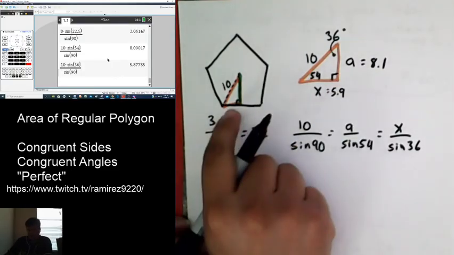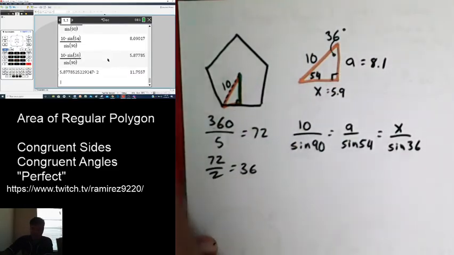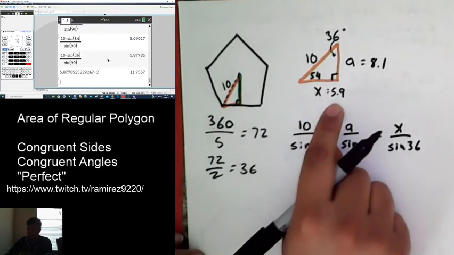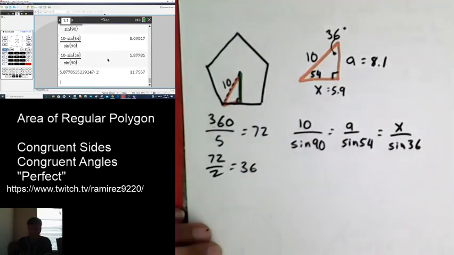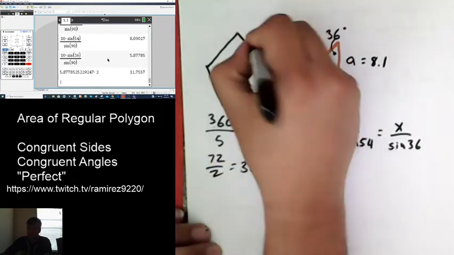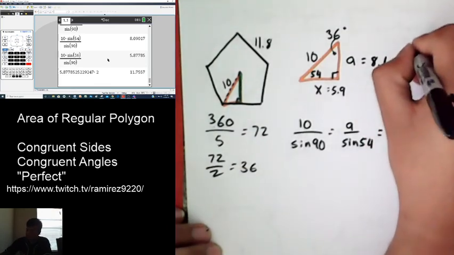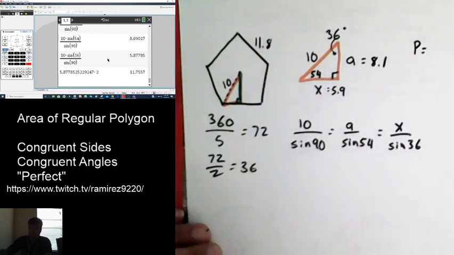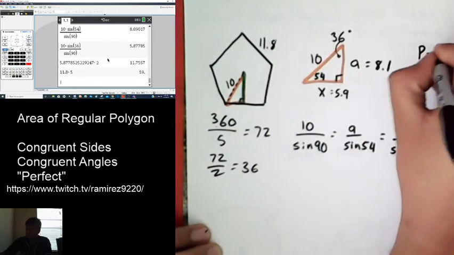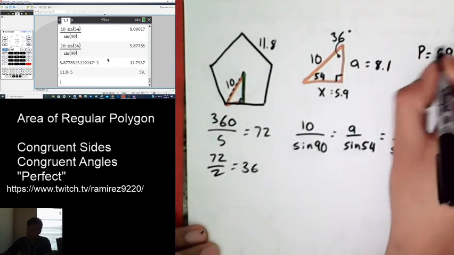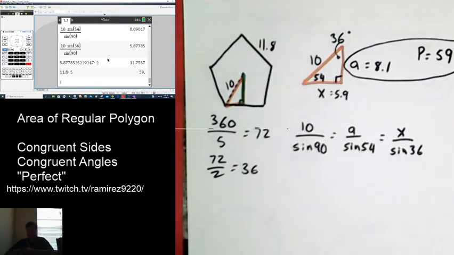And this is just half, so you have to multiply by 2. When we multiply by 2, each side length is 11.8. And if I wanted to find my perimeter, it's my side length times the number of sides, in this case 5, so the perimeter is 59.